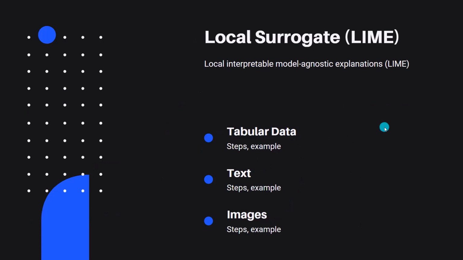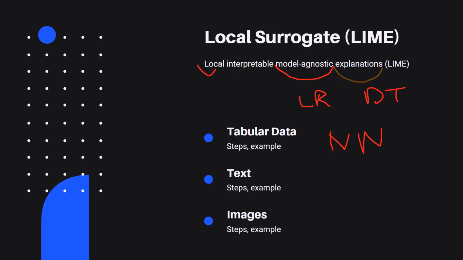So local surrogate LIME is local, interpretable, model agnostic explanations. The first part is model agnostic explanations. So basically we're trying to interpret the model. This method is model agnostic, meaning it works for logistic regression, decision trees, neural networks, and anything else in between.